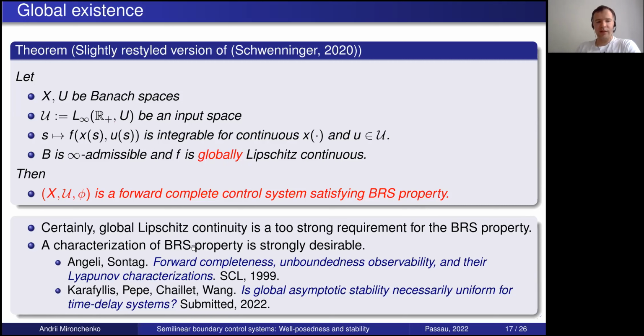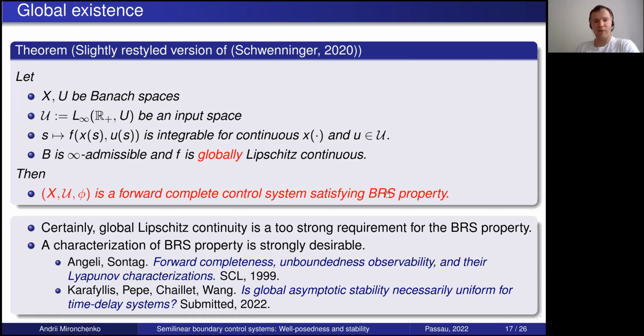For ODEs, it was shown in a paper by Andrii and Zonta that under some natural assumptions on the nonlinearity, forward completeness is equivalent to boundedness of reachability sets, and one can give a characterization in terms of Lyapunov functions. For time delay systems, this property is very important.